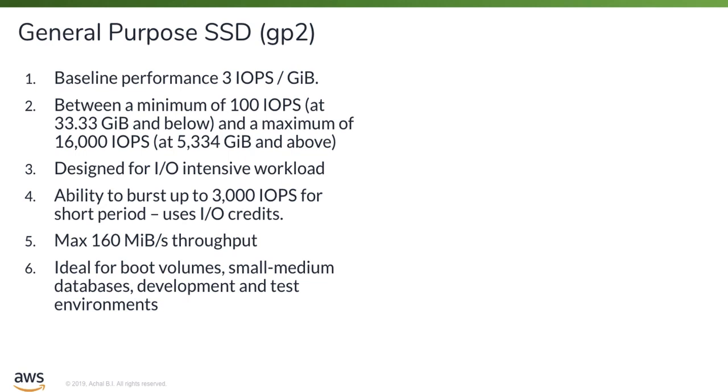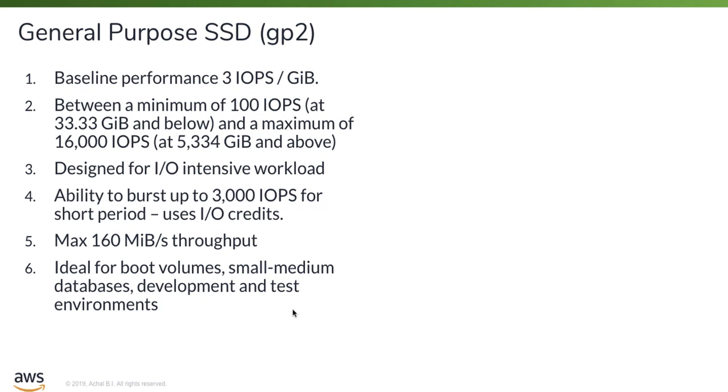The maximum throughput that you could get is 160 MiB, and these are ideal for boot volumes and small or medium databases. These are ideally used for development and test environments.